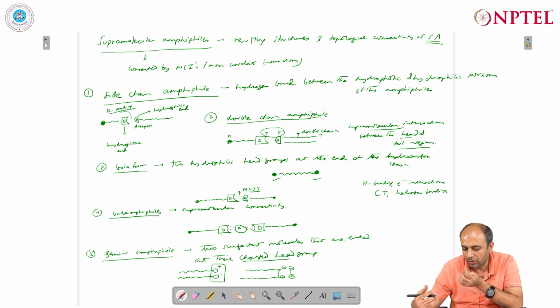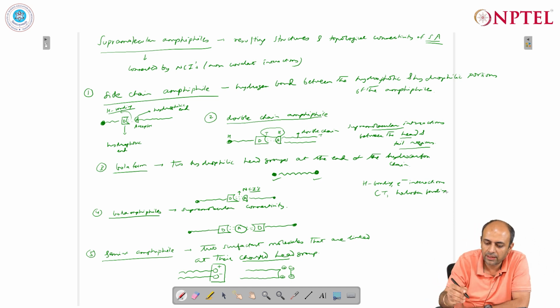So, the supramolecular amphiphile formation is both dynamic and of a reversible nature, keeping in mind that the interactions which are involved are the non-covalent interactions. So, with this background of supramolecular amphiphiles, let us take up some specific examples representing these supramolecular amphiphiles.